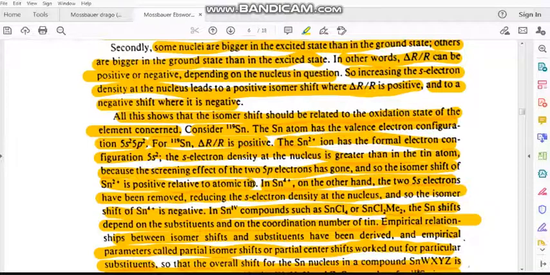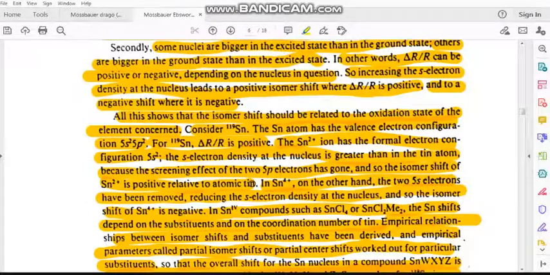If we compare tin 2 plus and tin 4 plus: tin has the electronic configuration 5s2 5p2, and tin 2 plus has the formal electronic configuration 5s2. In the tin atom, the 2 electrons in the p orbital have a screening effect on the s electron density.